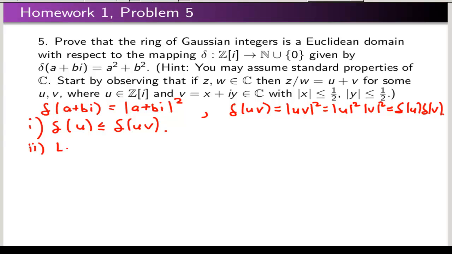So let z and w be Gaussian integers, and I'm thinking to myself, let's find z divided by w, and what's the goal?